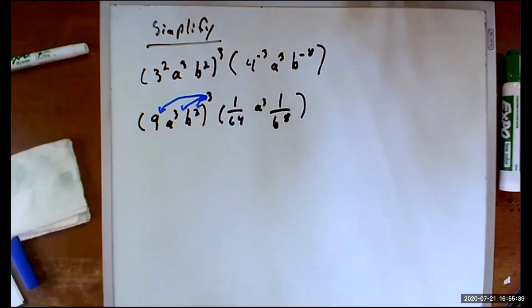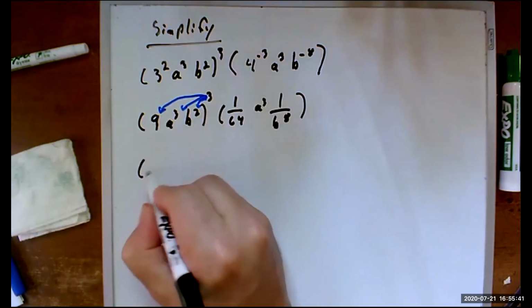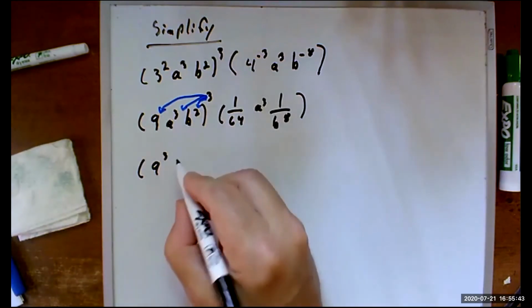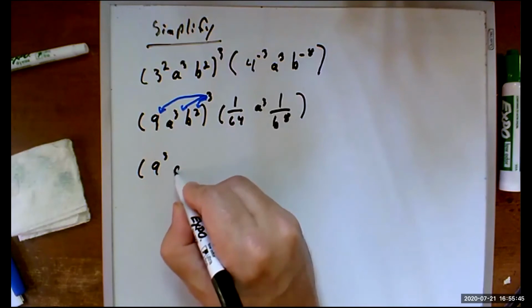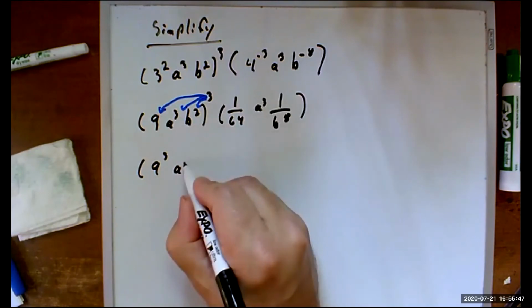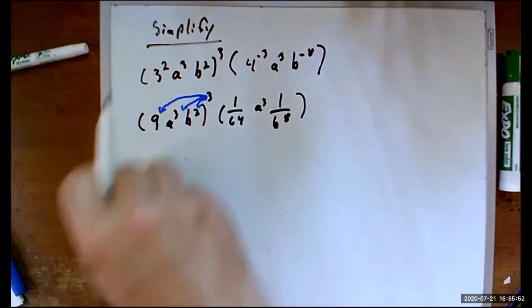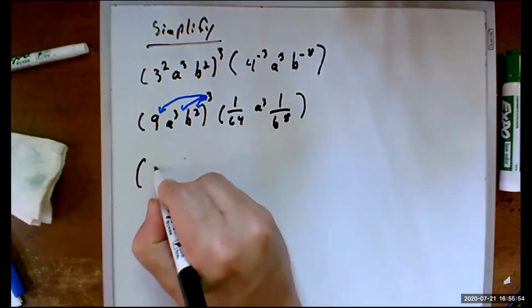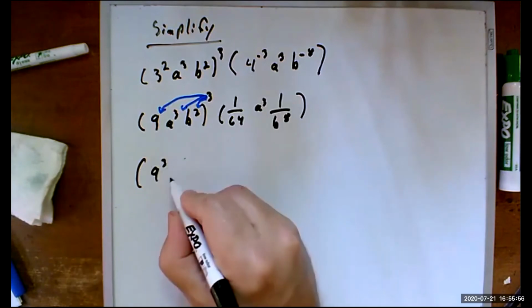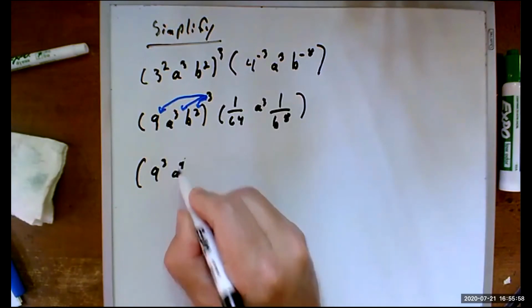Next thing I'm going to do is apply this exponent outside the bracket. It has to share by each thing inside the brackets. So I end up with 9 cubed, a to the power of 3 times 3, which is 9.